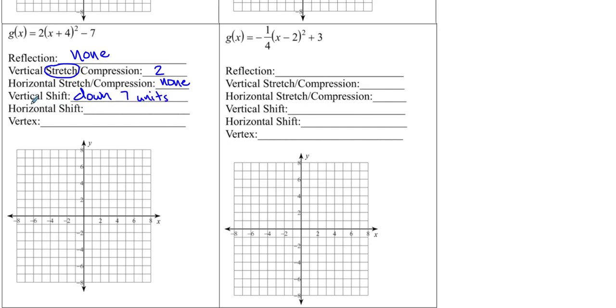And then do we have a horizontal shift? Yes, we have a +4, so we do the opposite. We are going to go left 4 units. So our vertex should be -4, -7.